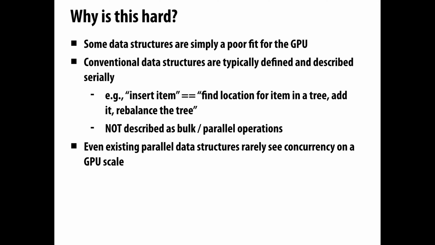So for some of these algorithms, they don't scale to that level of concurrency in the way that we would hope, and that often requires new approaches as well. These are all big challenges, and I'll tell you how we address some of them as we move on in the talk.